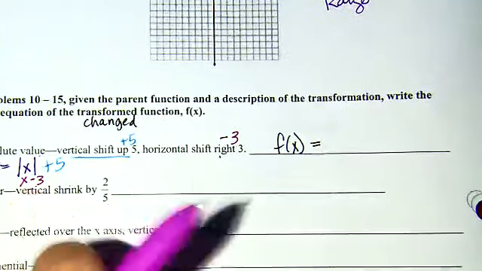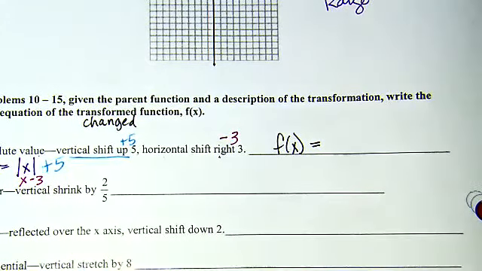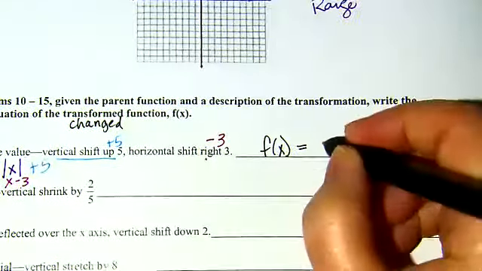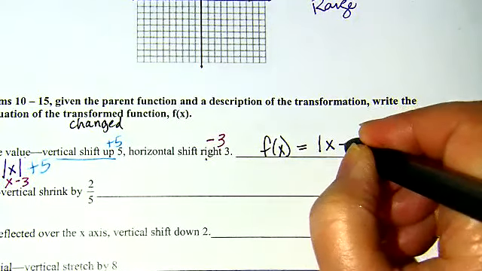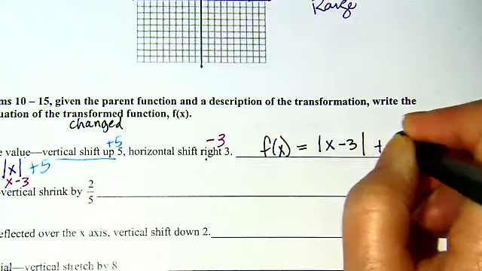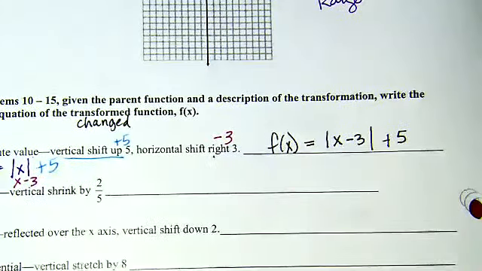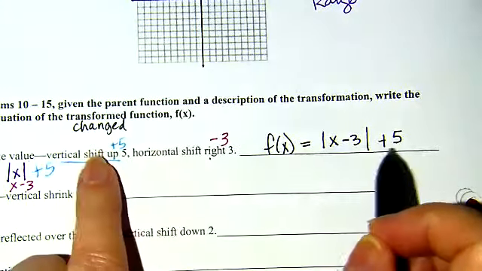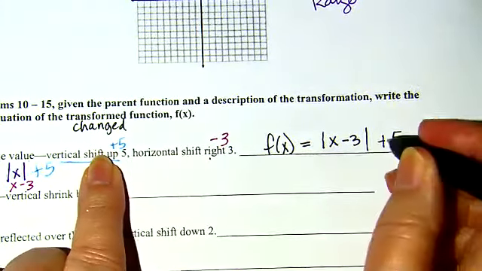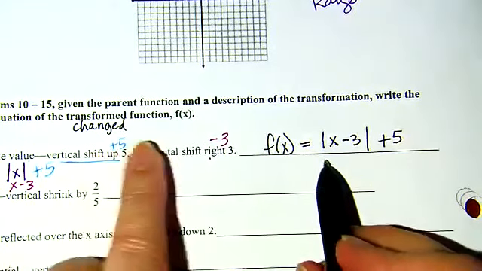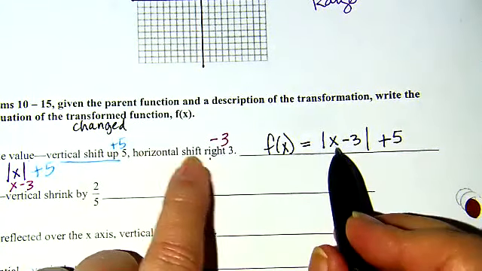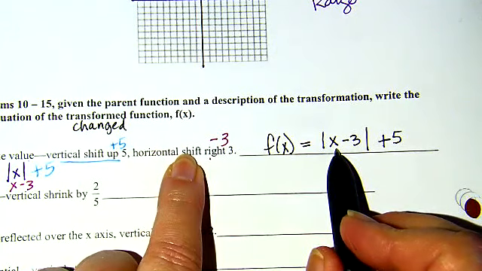So I'm going to have to put an x minus 3 in there. So my final answer will look like this: |x - 3| + 5. Here's the part that's the vertical shift up, and here's the part that's the horizontal shift to the right.